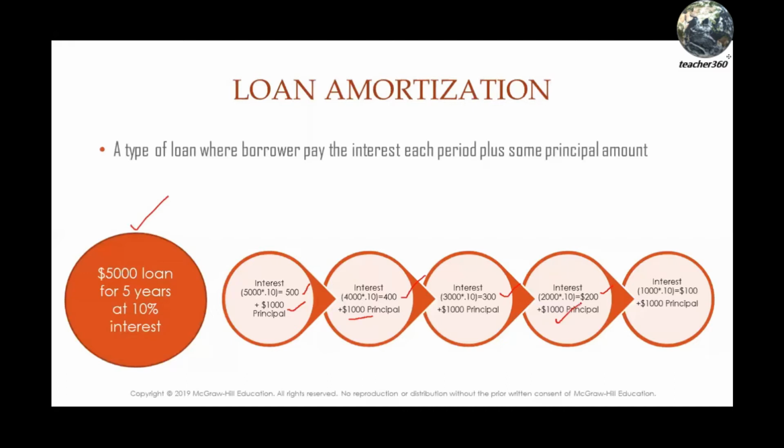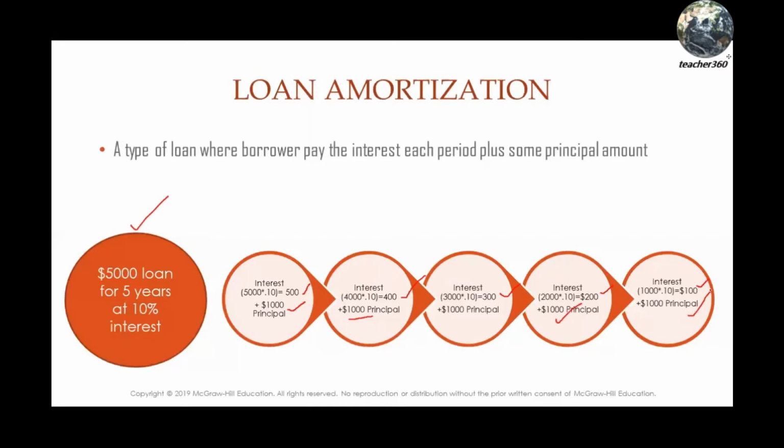In the final year, you have remaining dues on your loan principal of $1,000. So your interest at the rate of 10% on the remaining principal is $100, plus your remaining principal.